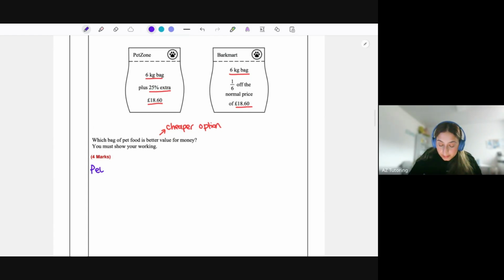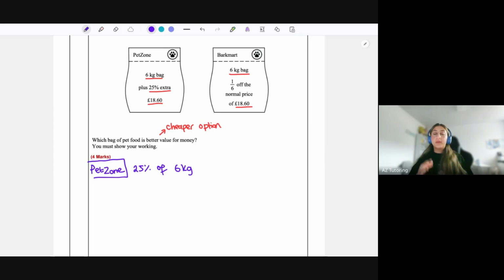And it's 4 marks. So in PetZone, it says you get a 6 kg bag plus you get 25% extra. So we need to work out how many kg you're getting in total. We need to work out 25% of 6 kg and add that on. If you're doing it non-calculator, you'd work out 10%, 10%, and then 5%.